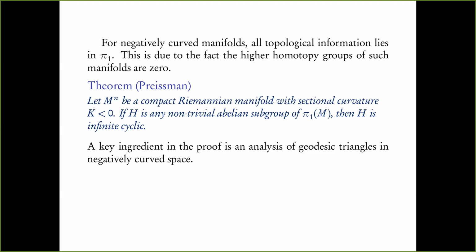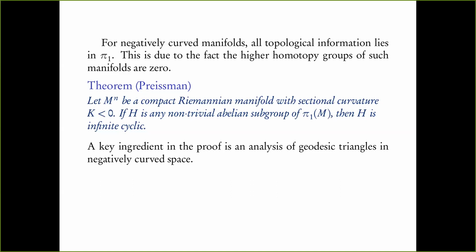Those are the kind of triangles we want to analyze in this manifold M, which is now not constant sectional curvature, but negatively curved. If you do this analysis, compare angles, compare areas, and so on, that's one of the ingredients in the proof.